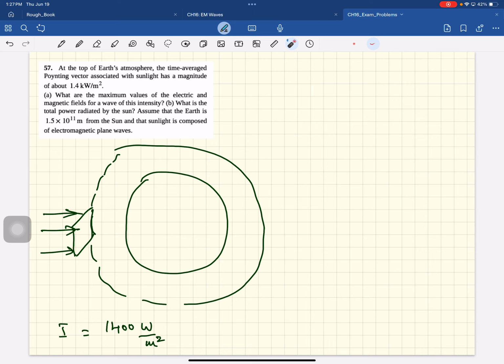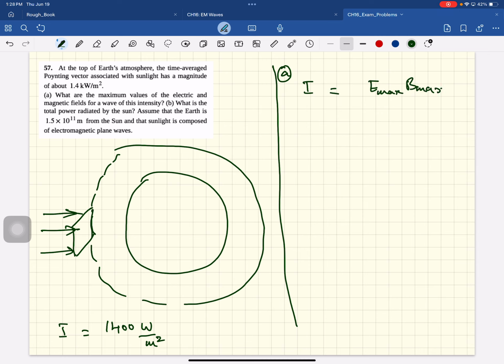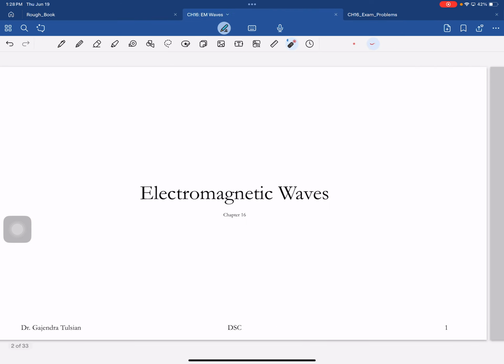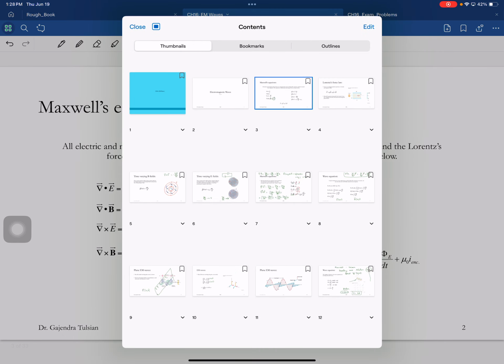All right. So what are the maximum values of the electric and magnetic field of this intensity? So that's the intensity. And you will see it is E max, B max divided by 2 mu naught. I'll show you the formula.